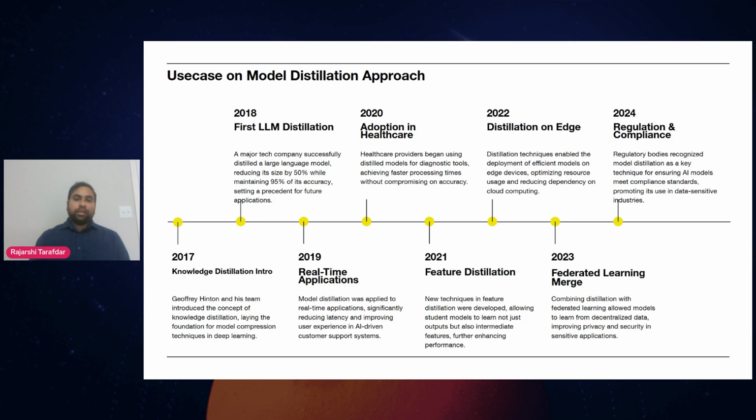In 2020, there was a significant improvement in healthcare with the adoption of this model, which gave a lower response time, and the accuracy also improved. In 2021, new techniques were introduced, allowing the student models to learn not just from the outputs, but also from the intermediate features, therefore helping increase the performance.